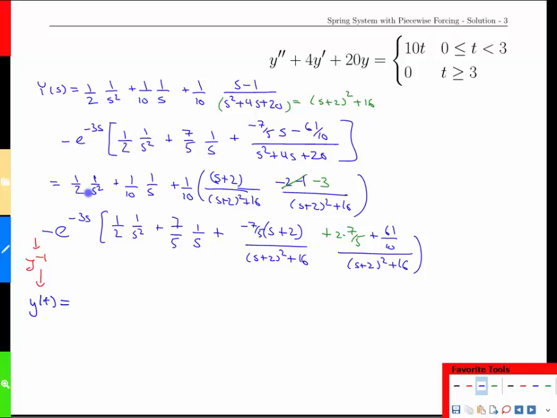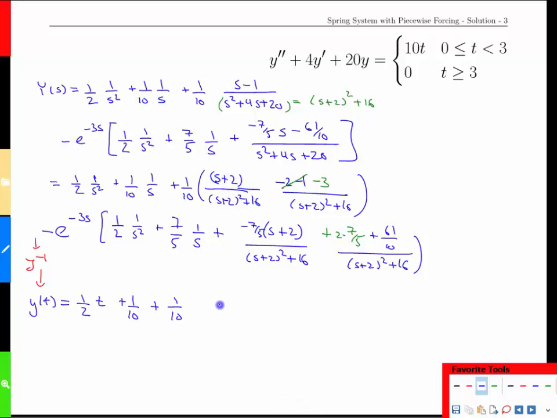Our y function will look like 1/2 times the inverse of 1 over s squared, that's a t. We'll have a 1/10 times a constant, so plus 1/10. This term here is going to be a cos function.